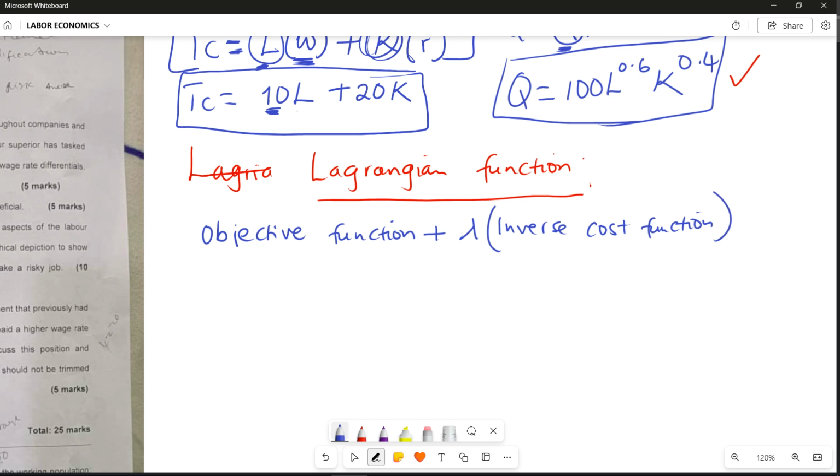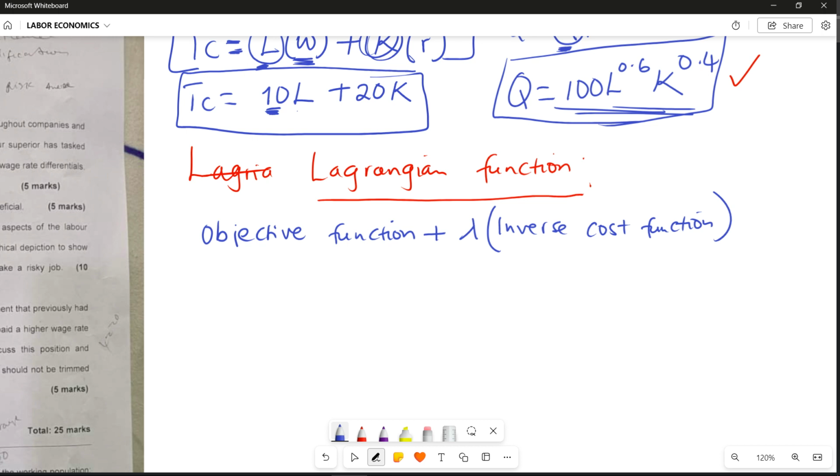Just like that, simple. So I've got the objective function plus the cost function there. Now, what is the objective function? The objective function is our Cobb-Douglas function. So please, don't confuse the two.